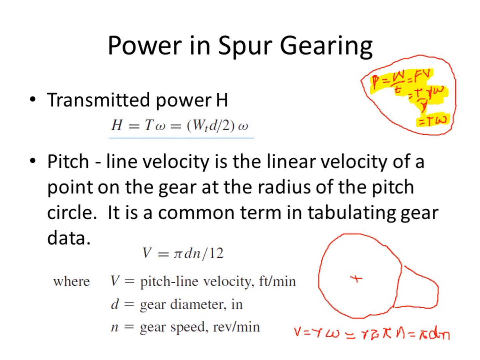So V is equal to R 2 pi n, and 2R is equal to D, so V is equal to pi d n. It should be in the form of feet per minute, so if D is given in inches, divide it by 12 to get feet per minute.